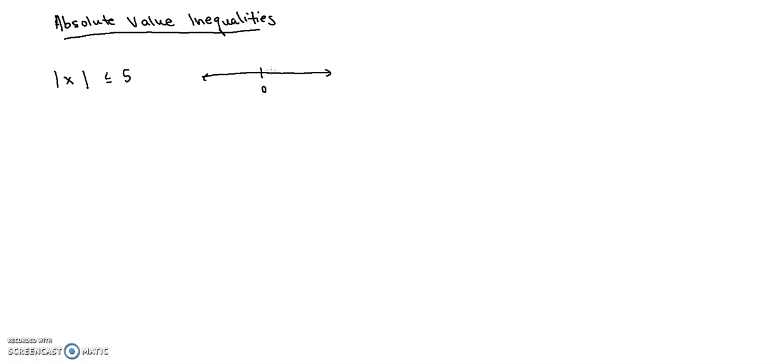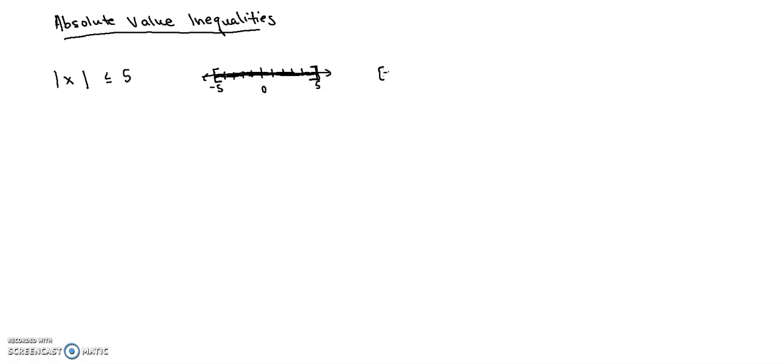So here's 0, 1, 2, 3, 4, 5, and 1, 2, 3, 4, 5 this way as well. So that means that we have all of the numbers that are less than or equal to a distance of 5. And since we're less than or equal to, that's going to give us square brackets.